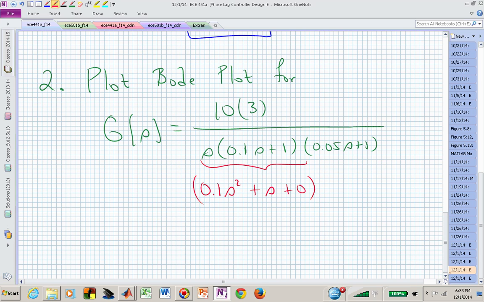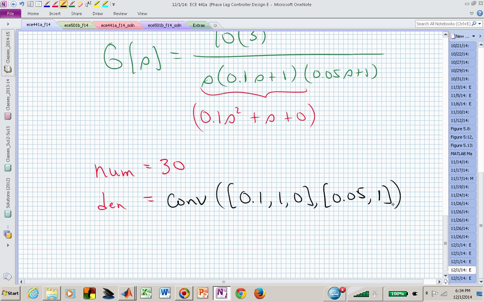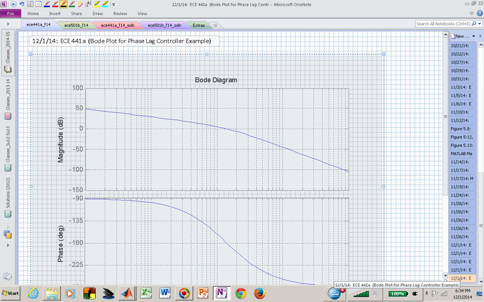I will define the numerator to be 30 and the denominator to be a convolution of those two polynomials, which are 0.1, 1, 0 and 0.05, 1, and that will then give me a Bode plot.